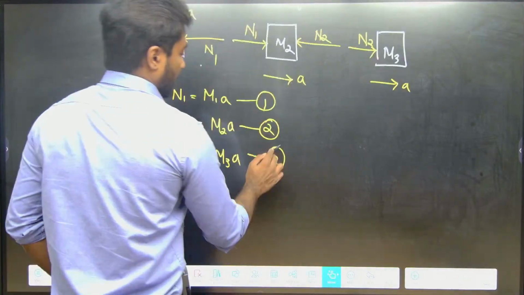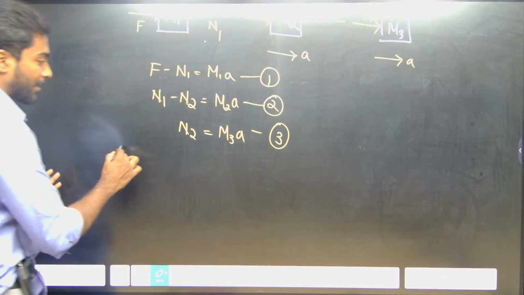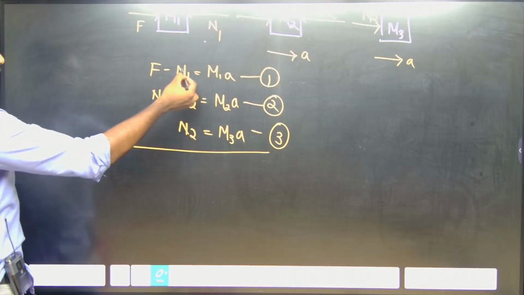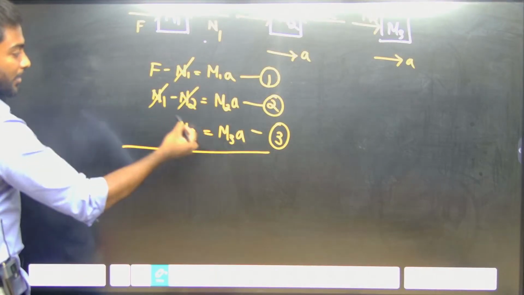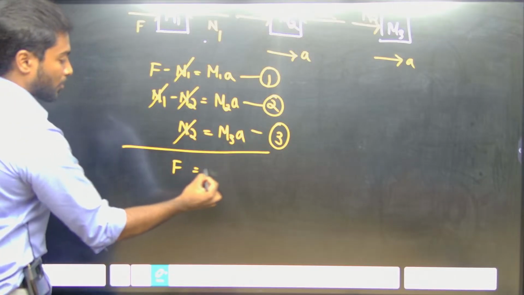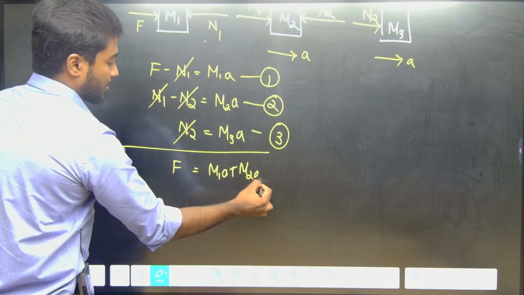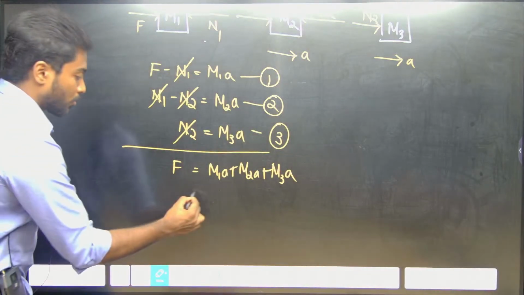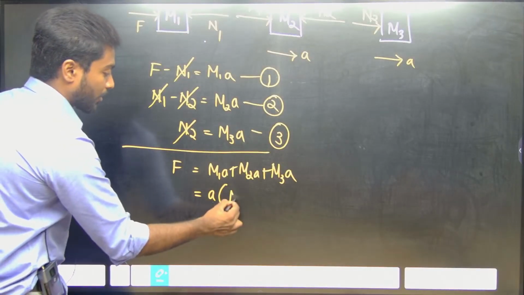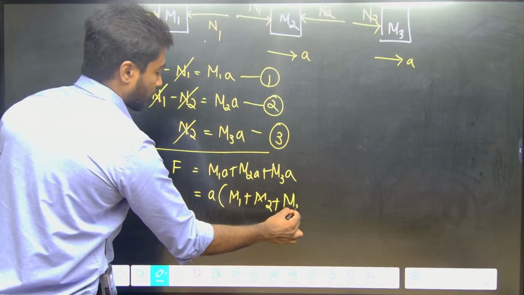Okay. What we can do over here is add all the equations. If I add everything, minus N1 plus N1 will get cancelled off, minus N2 plus N2 will get cancelled off, and F will equal M1A plus M2A plus M3A. So I can take A commonly outside: M1 plus M2 plus M3.